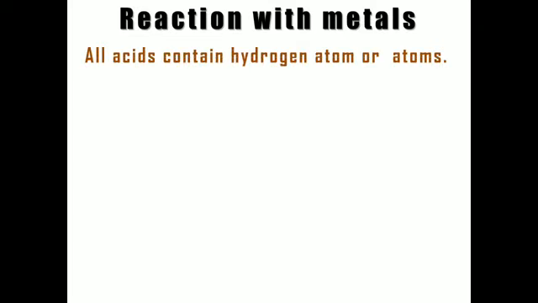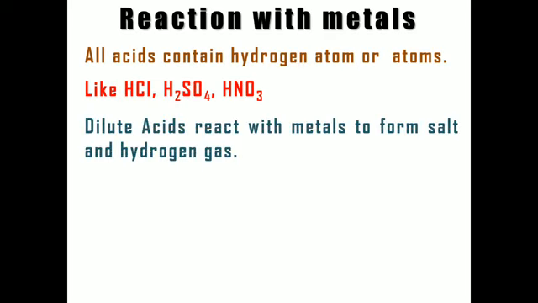In every acid, like hydrochloric acid, HCl, sulfuric acid, H2SO4, and nitric acid, HNO3, whether mineral acid or natural acid, there is one common atom in the formula, and this atom is hydrogen. Here one hydrogen is present, here two hydrogens, and here a single hydrogen. So in every acid, a hydrogen atom is present.